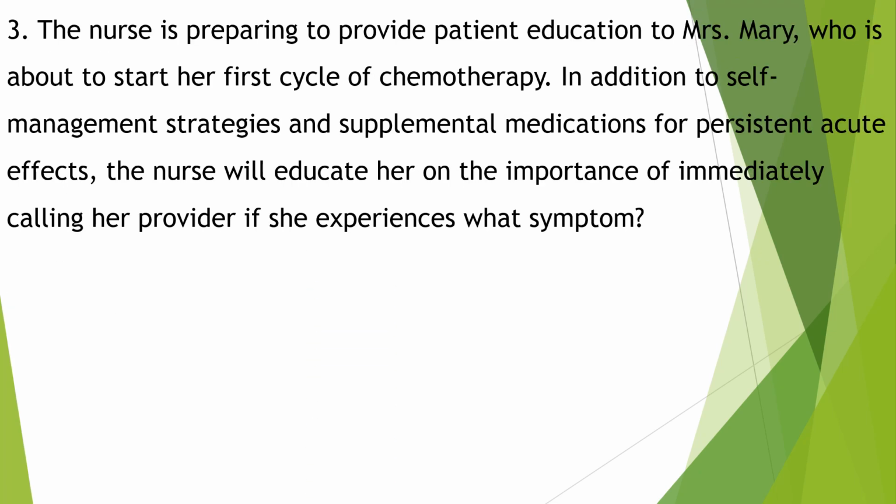The nurse is preparing to provide patient education to Mrs. Mary, who is about to start her first cycle of chemotherapy. In addition to self-management strategies and supplemental medications for persistent acute effects, the nurse will educate her on the importance of immediately calling her provider if she experiences what symptoms.